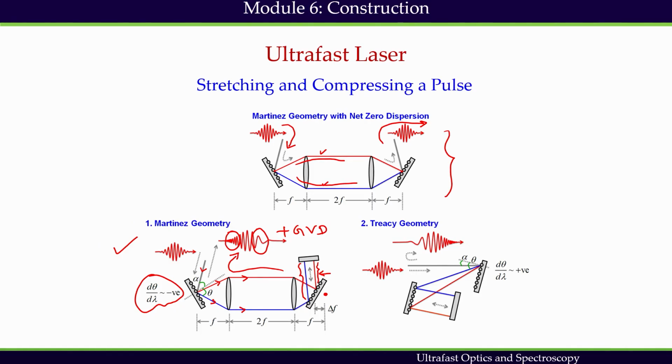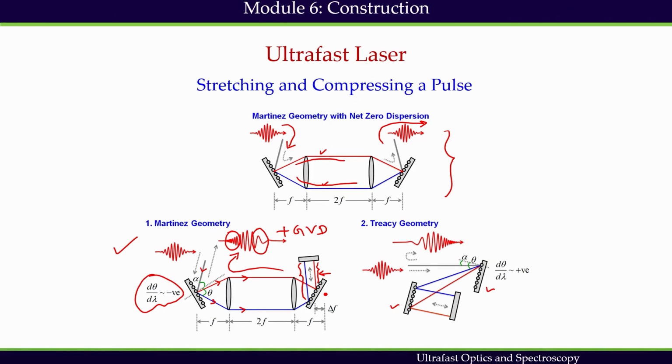Now, if we look at Treacy's geometry, what happens when a pulse enters a pair of identical, parallelly displaced gratings? We have two gratings facing each other, but they are parallelly displaced.